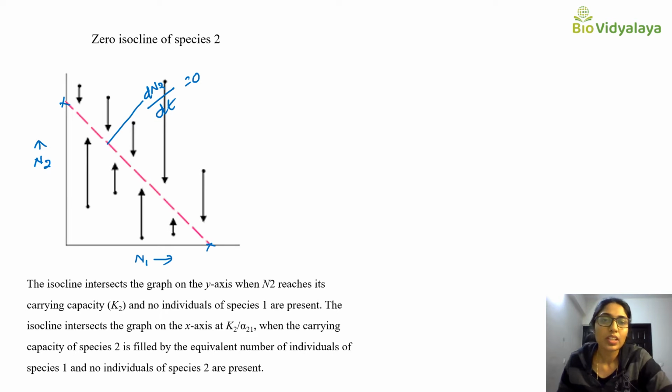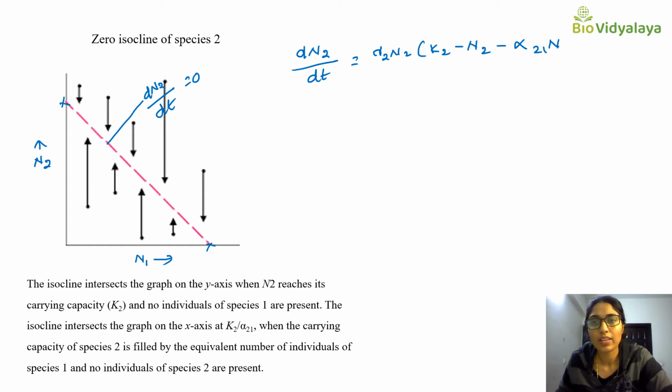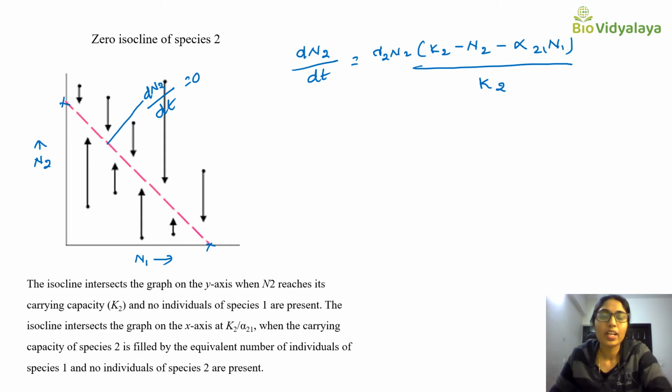We know that dN2 by dt is equal to R2 N2 into (K2 minus N2 minus alpha 21 N1) divided by K2. This is the Lotka-Volterra equation for species 2.